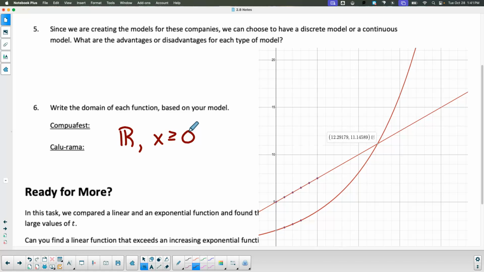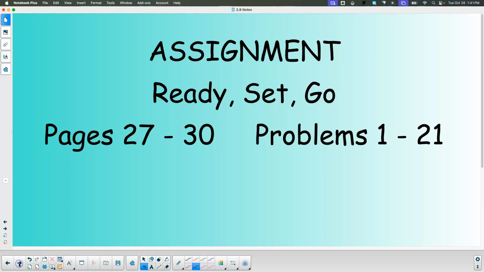Homework this evening is in your blue packet on page 27, problems 1 through 21. I am open and available for stamping and all of that fun stuff. Just as an FYI, tomorrow you will be having a quiz.